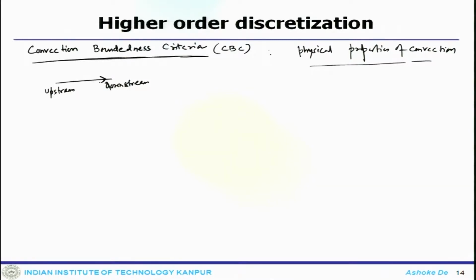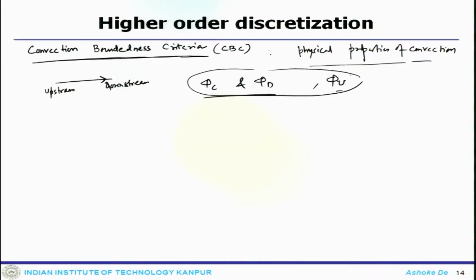So, in addition to the values at the nodes connecting phi c and phi d, the value at the far upwind node phi u is also important and has to be taken into account when devising this kind of scheme.